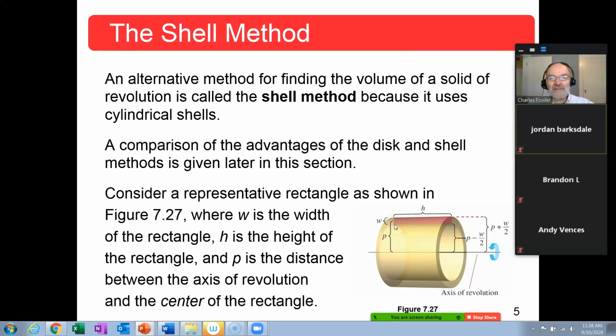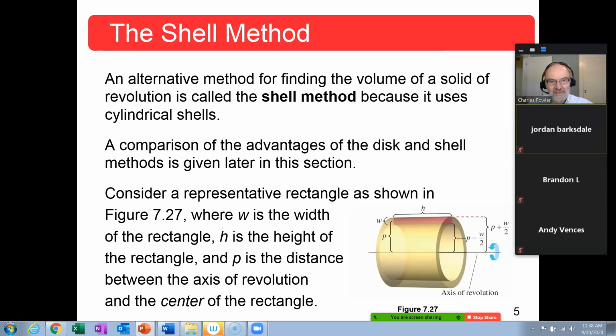And that's going to be 2 pi times that radius. That's going to be the circumference, the length going around here, around there. If you flatten that out, that would be the length of the rectangle, 2 pi P, 2 pi r.